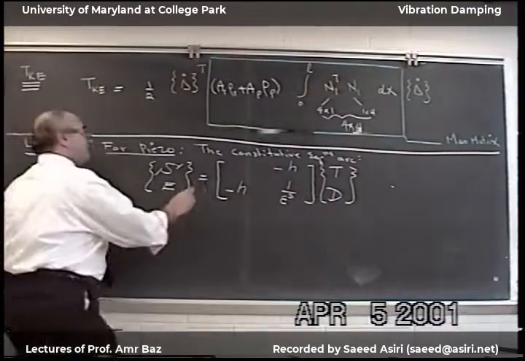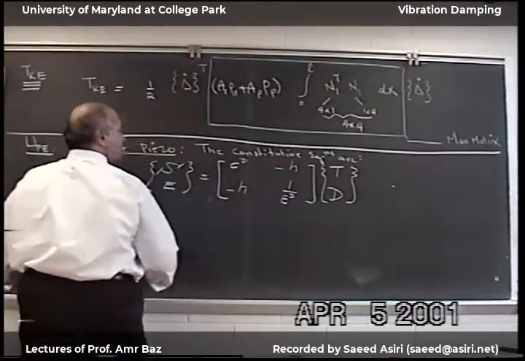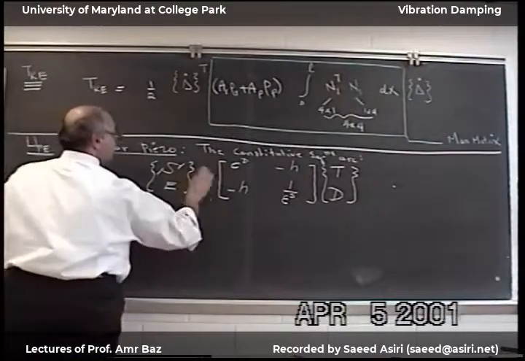So this would be 1 over CD, or 1 over SE, which is Young's modulus of the material.